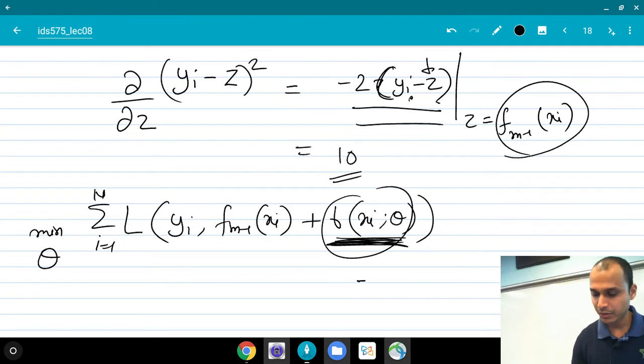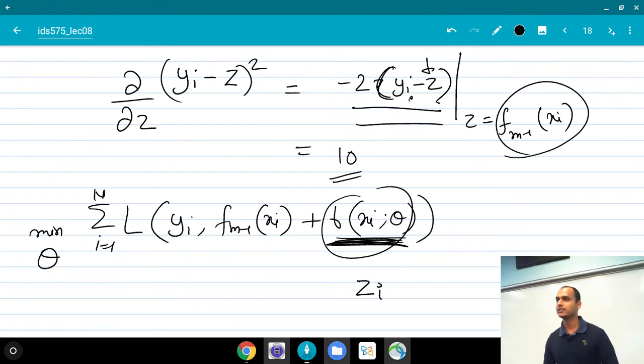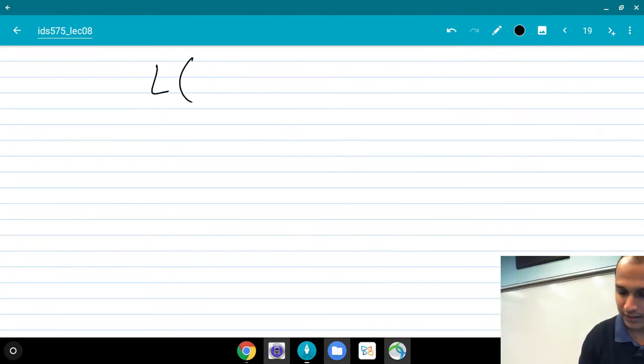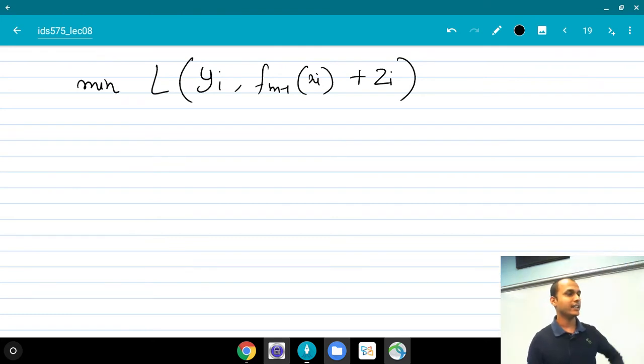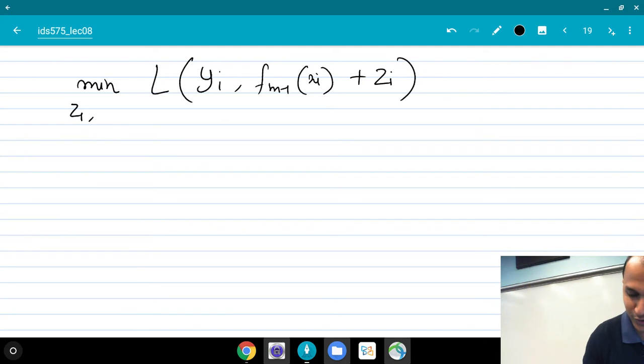So for the ith observation, let's call that number z_i, whatever that prediction is, and similarly for each observation, z_1 to z_n. Then my loss is actually L(y_i, f_{m-1}(x_i) + z_i), and since I use z_1 to z_n, I'm going to say let me minimize over z_1 to z_n.